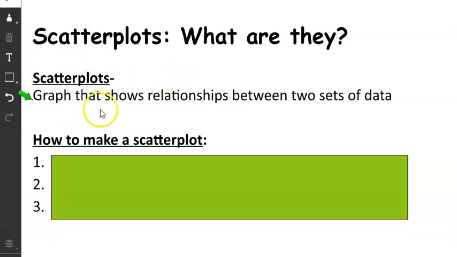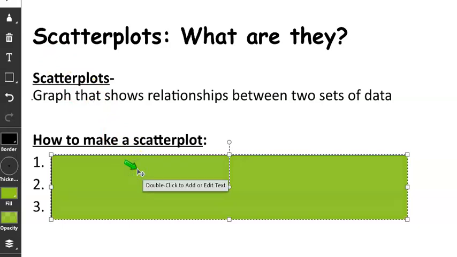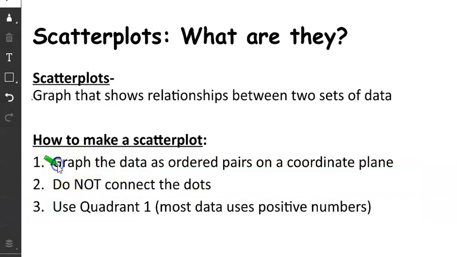This requires 3 steps. Graph the data as ordered pairs on a coordinate plane. Remember, ordered pairs are in this format: parenthesis, comma, and the first number is the x value and the second number in your ordered pair is the y value.